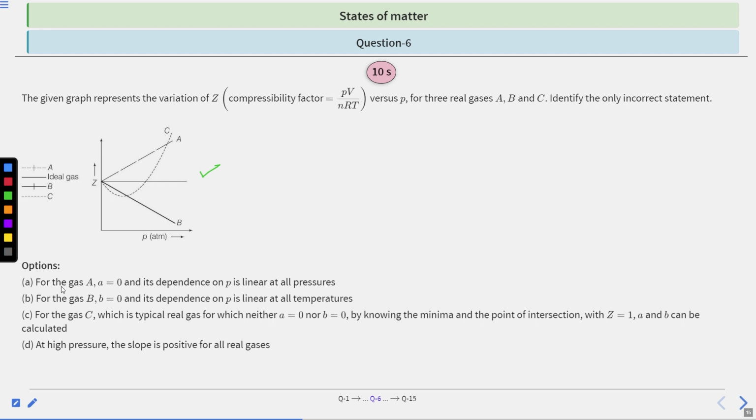For gas A, a equals 0 and its dependence on P is linear at all pressures. For gas B, b equals 0 and its dependence on P is linear at all temperatures. For gas C, which is typically a real gas for which neither a equals 0 nor b equals 0, by knowing the minima and the point of intersection with Z equals 1, a and b can be calculated. And last, at high pressure, the slope is positive for all real gases. You have 10 seconds to solve this question. After that, we will see the answer.